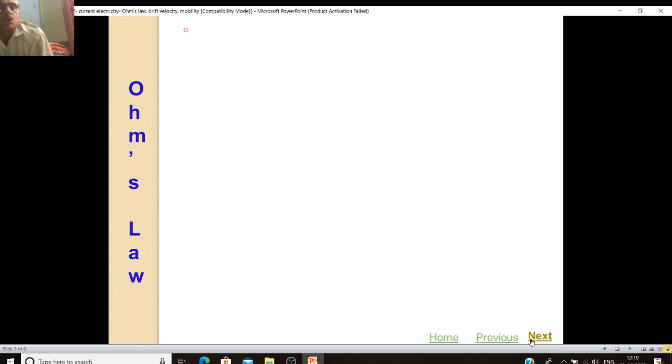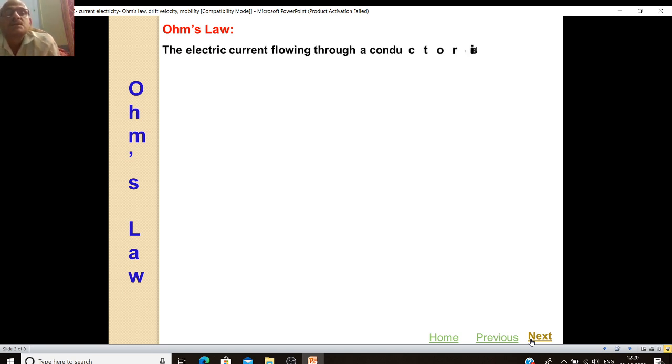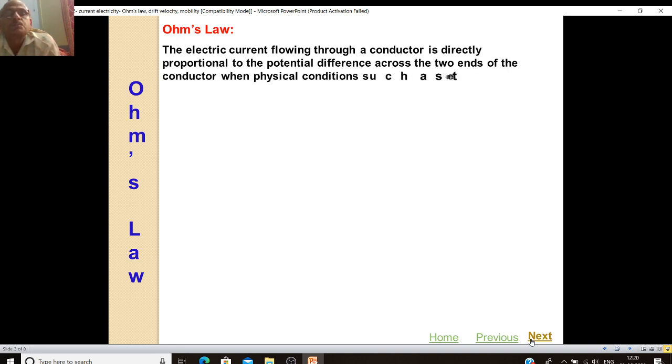Now come to Ohm's law. Though Ohm's law we have learnt in class 10, if we remember, it was given by G.S. Ohm in 1828, and its statement says the electric current flowing through a conductor is directly proportional to the potential difference across the two ends of the conductor when physical conditions such as temperature and mechanical strain remain the same.